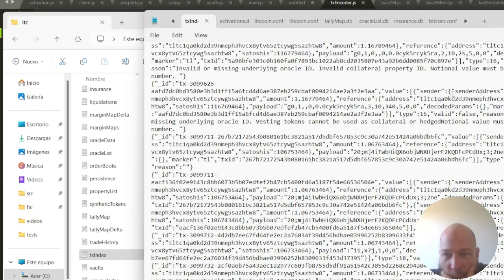So we got these payloads, and they look like this. So there's plenty of space. I have a few bytes for the marker. That's 2 bytes. I've got 1 byte for the TX type, and I don't bother with commas to separate parameters of unknown length. So Omni did this thing where they would do byte shifting, and I think they were using like a pointer array. So even if the number, for example, was a variable length, they could find where it was, and I had trouble with that.